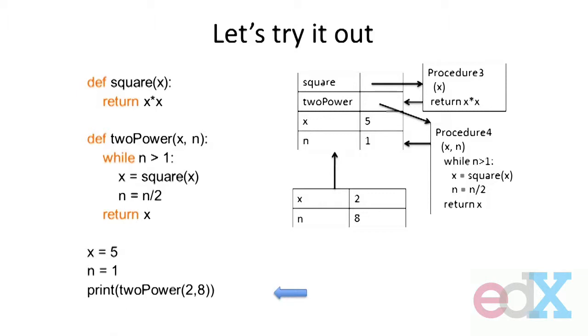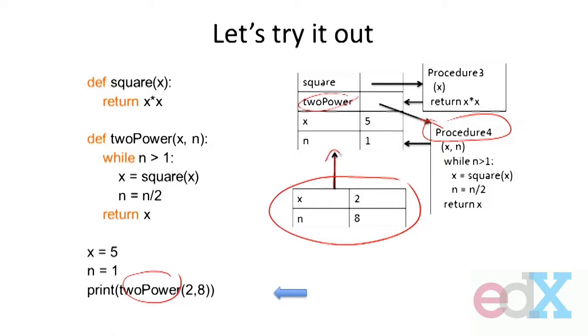Now, let's move on a step. Let's look at what happens if I were to call 2 power with arguments 2 and 8. To be very careful about it, evaluating 2 power gets the binding of 2 power, which is this procedure. And that invocation creates a new frame. It's going to inherit from where the procedure says it should inherit from, the place where it was created.